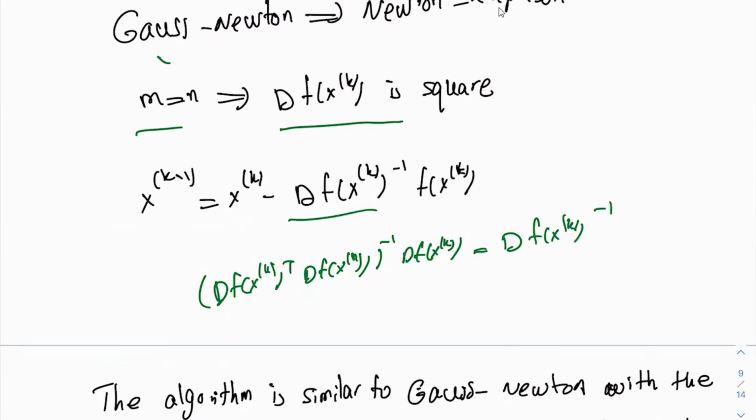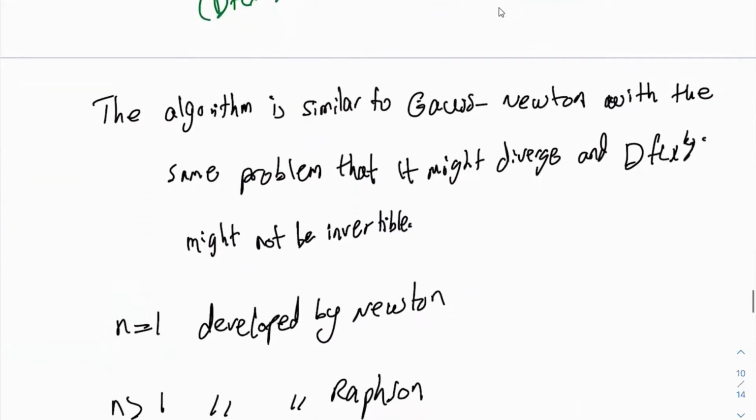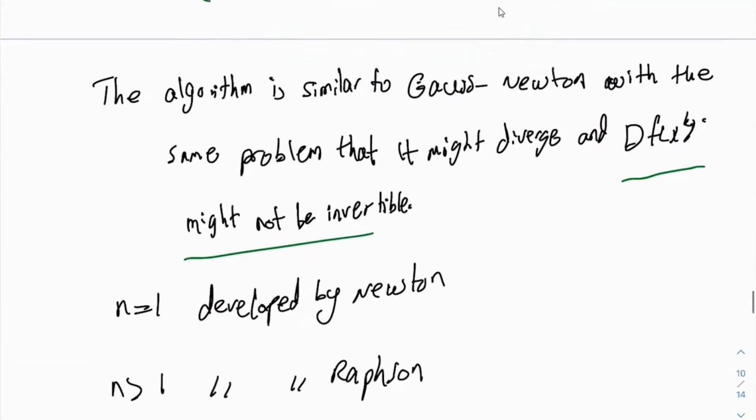That's it. But unfortunately, the problem is the same, it's only that the matrix is square now. So it shares the same shortcoming as the Gauss-Newton method. The Newton-Raphson techniques share the same shortcoming. If the D matrix does not have linearly independent columns, then this matrix is not invertible, and this update doesn't really exist.